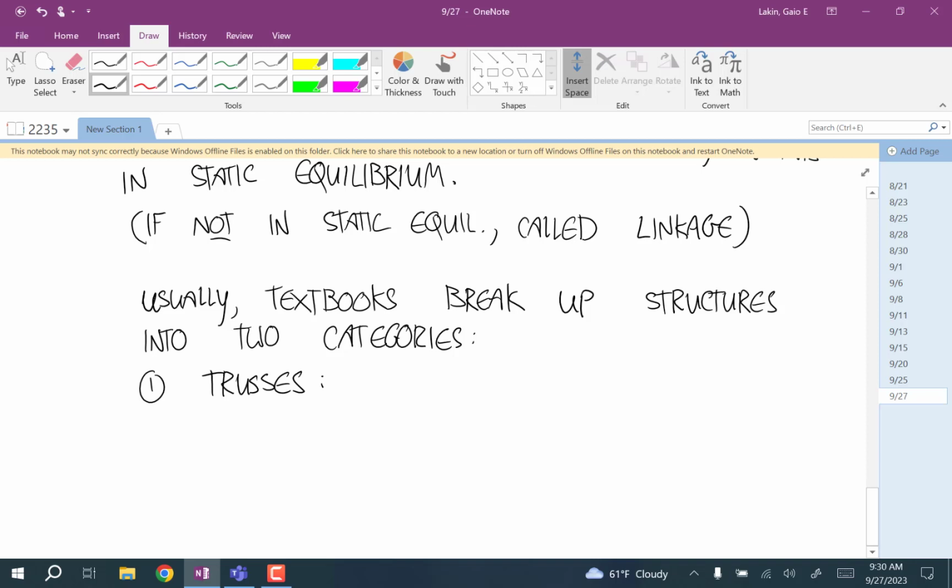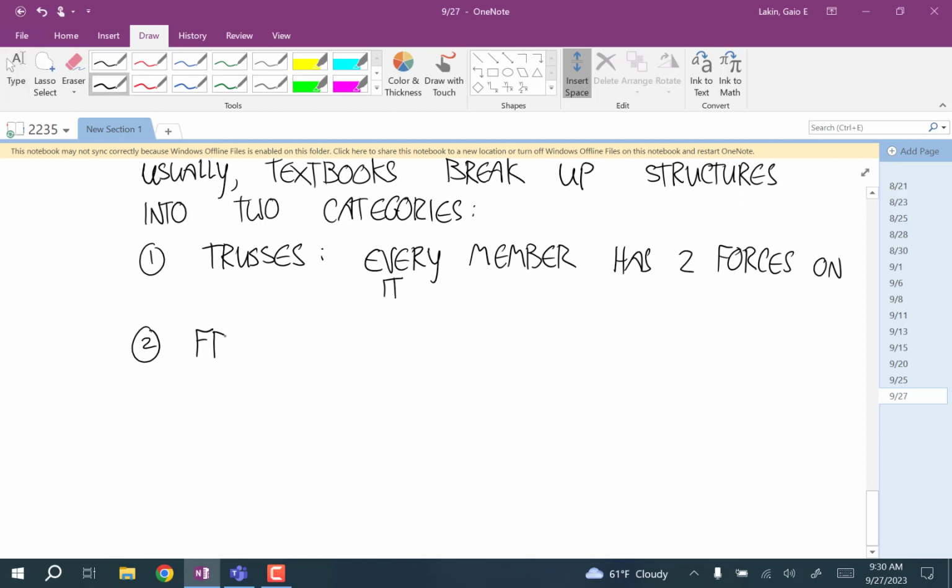And for now, what I'm going to say about trusses is just that every member has two forces acting on it. And frames is the second category. And for frames, there is at most 2 members connected by any joint.